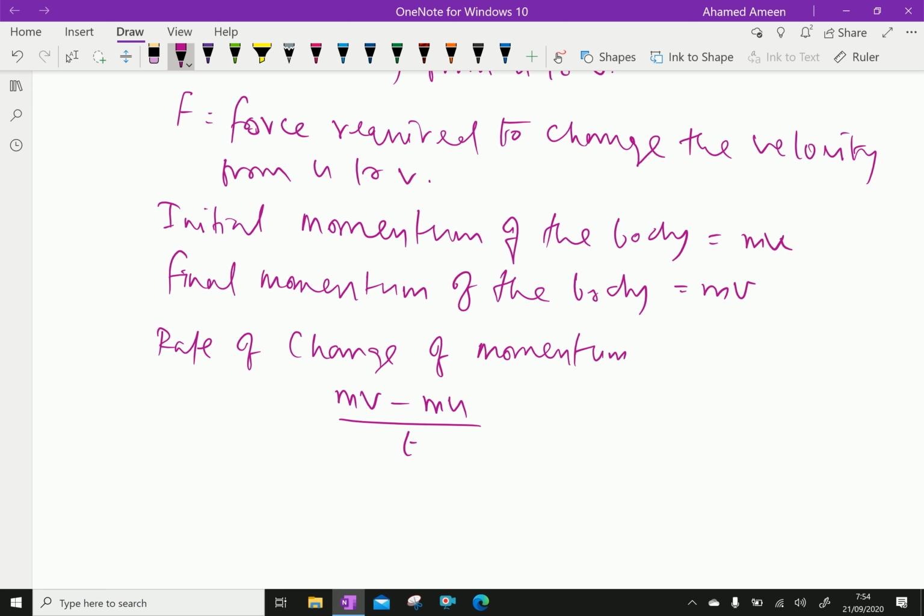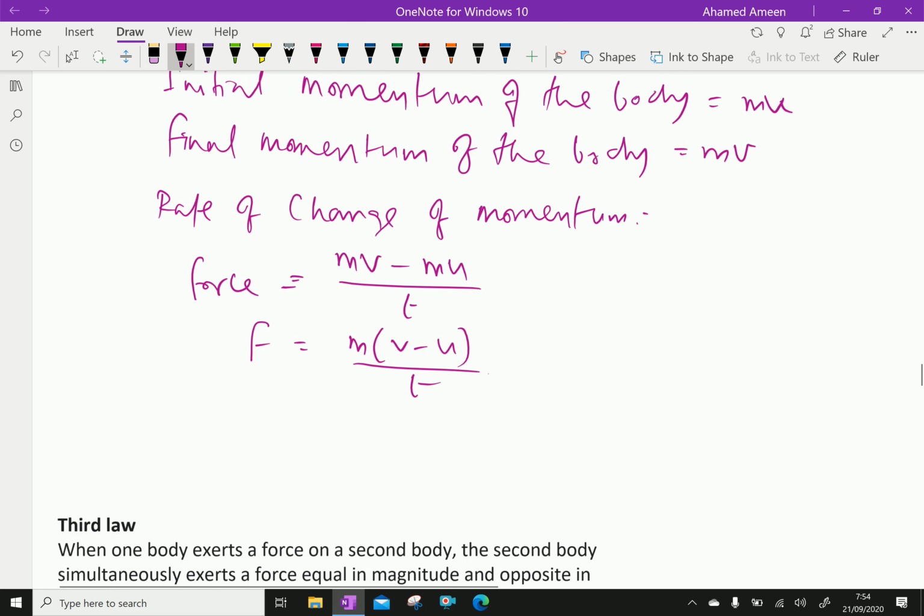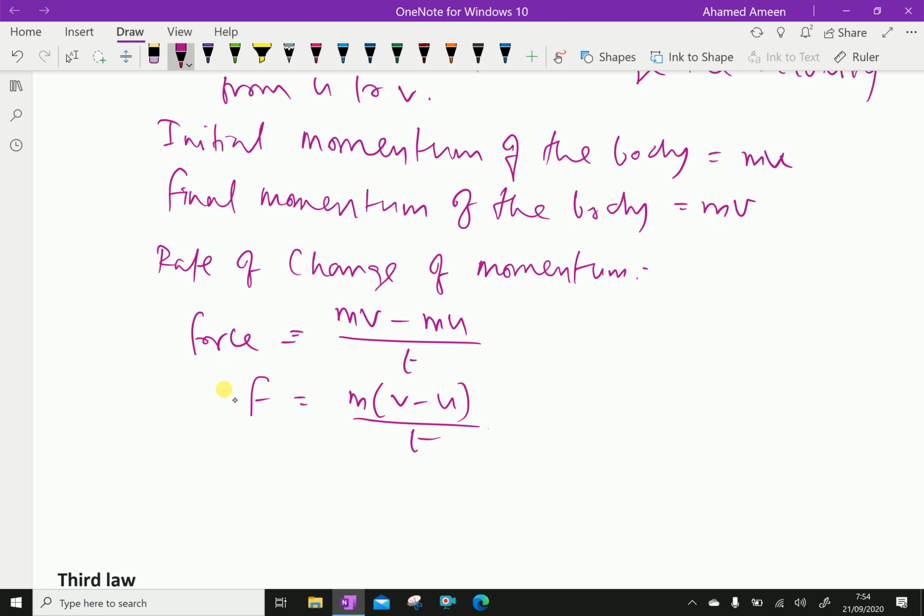The rate of change of momentum is equal to force. Therefore, force F equals m(v minus u) over t. Now we know that (v minus u) over t is acceleration.